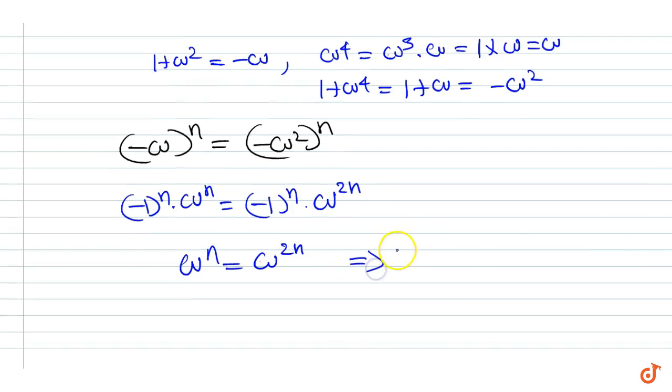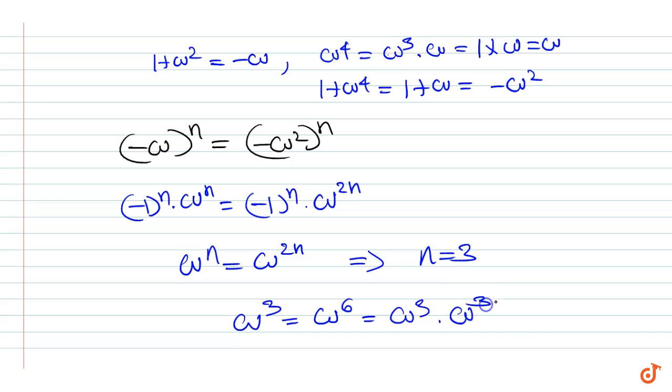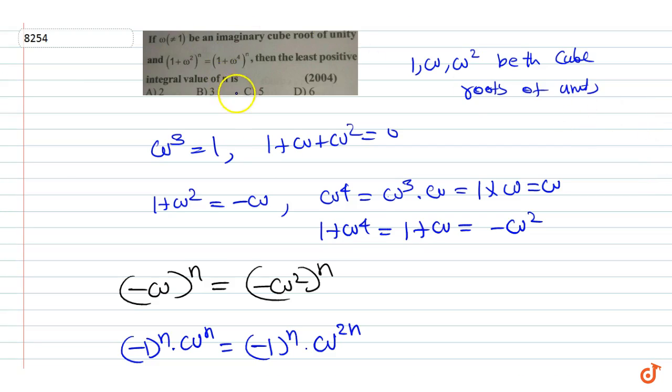This gives, when n is equal to 3, we have omega cube is equal to omega 6 equal to omega cube into omega cube equal to omega cube. Therefore, the least positive value of n is 3.